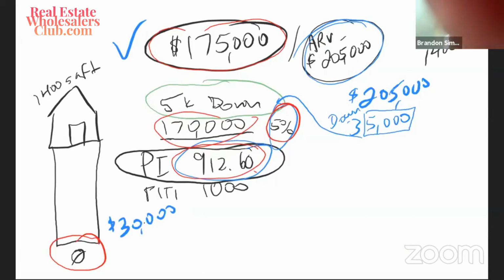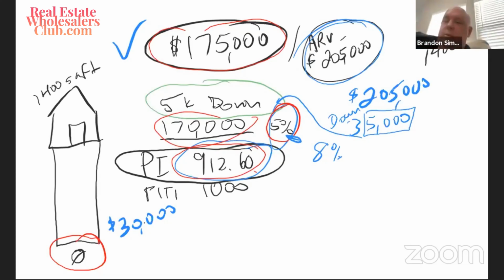Now let's say I bump this interest rate up. Mateo, what interest rate do you want? Usually for owner finances like 7, 8%, even 9. Just do 8%. Okay, so let's do 8%. And I just lost my phone. Hold on. Crap.